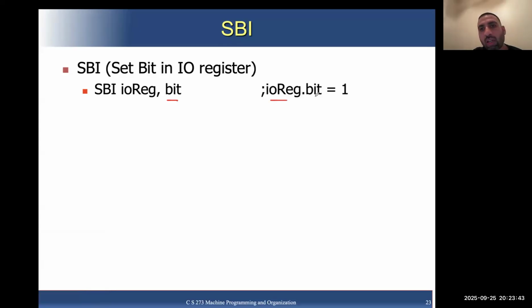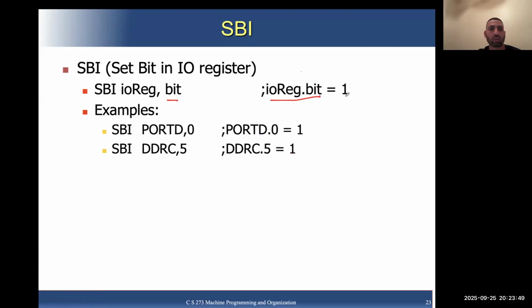Here you are saying set this bit of the IO register equal to one. For example, if you say set bit in IO register PORTD, 0, remember PORTD is an 8-bit register, so you are saying set the bit at index 0 equal to 1.